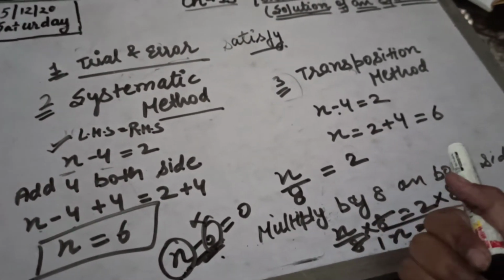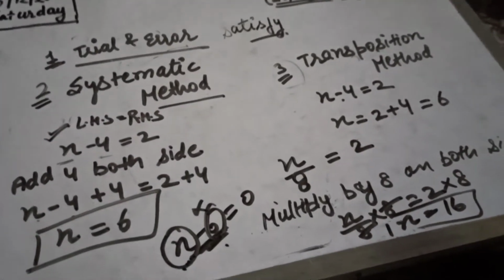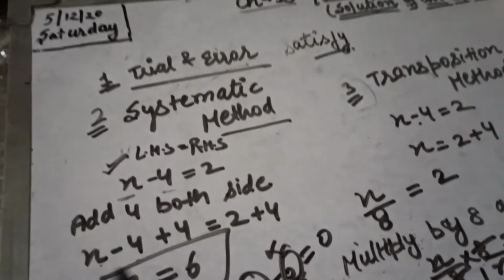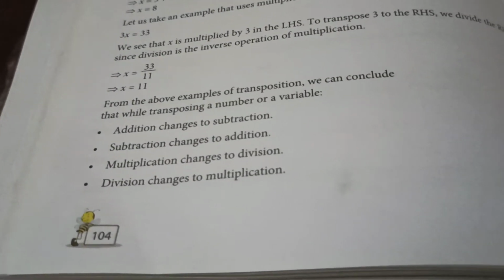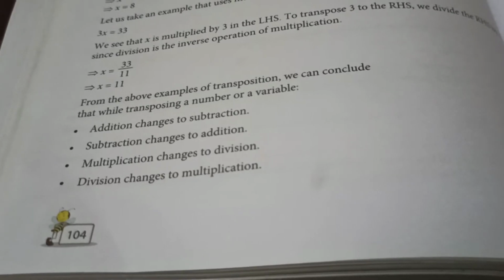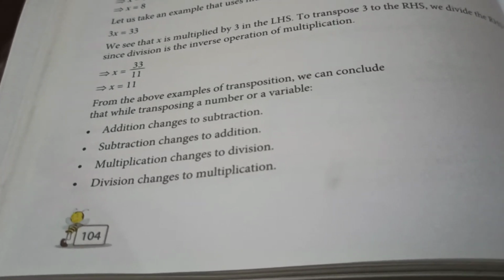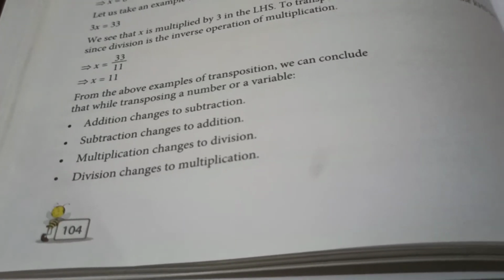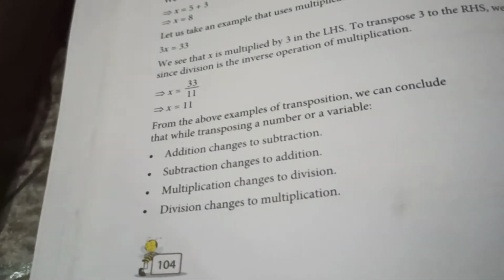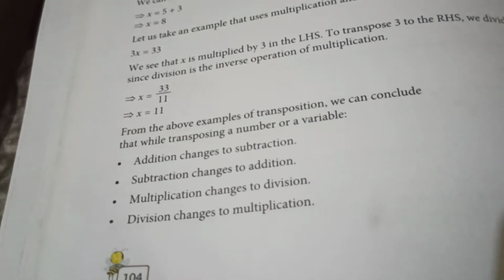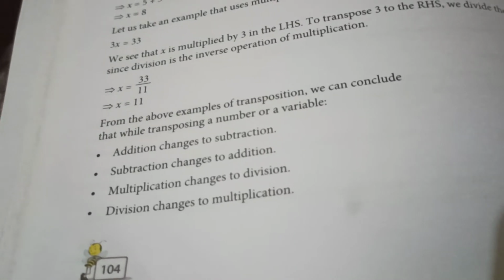And transposition method means change the position. In the transposition method you have to remember one thing: a number moving across from a variable, addition changes to subtraction. If it is addition on this side, when I take it to the other side it changes into subtraction. Subtraction changes to addition.